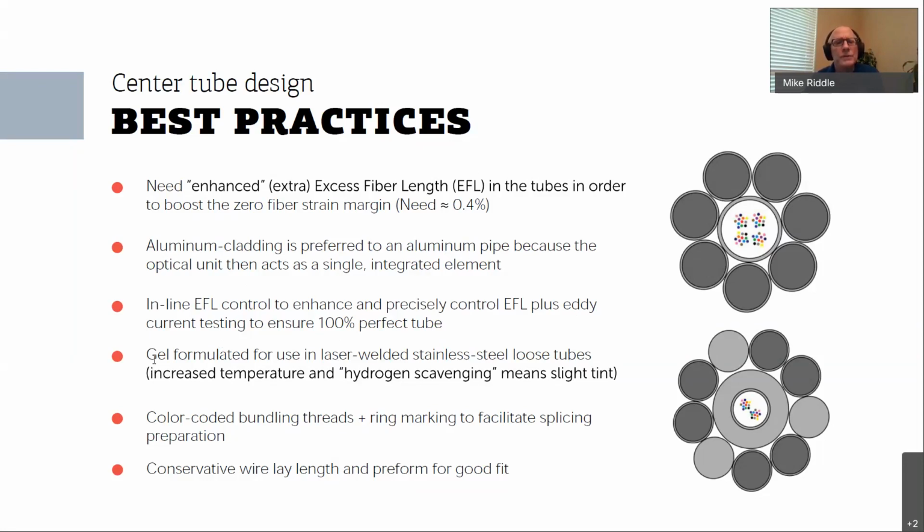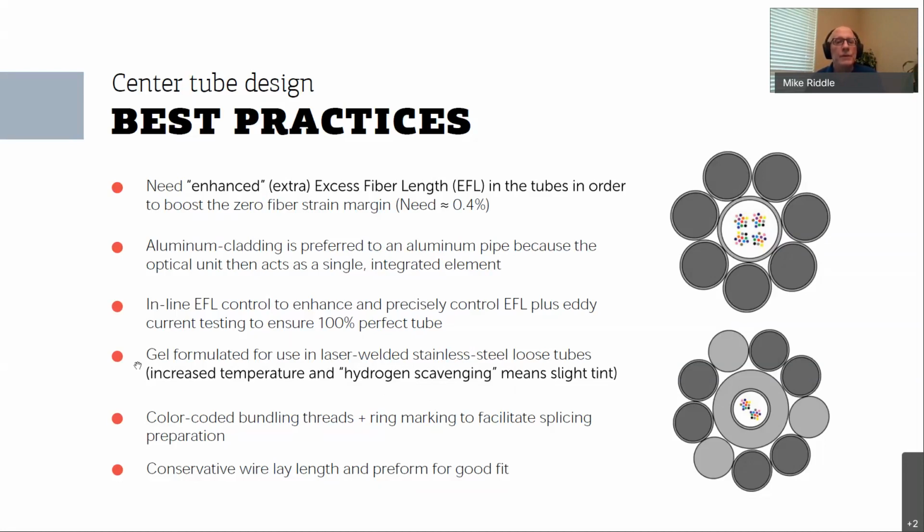You also should use gel specifically formulated for use in laser welded stainless steel loose tubes. First of all, you can distinguish it from standard gel because it has a slight color to it. We use a gel that's a very light brown. There are some gels on the market that are very dark, but they always have some color to it. Standard gel is just clear.